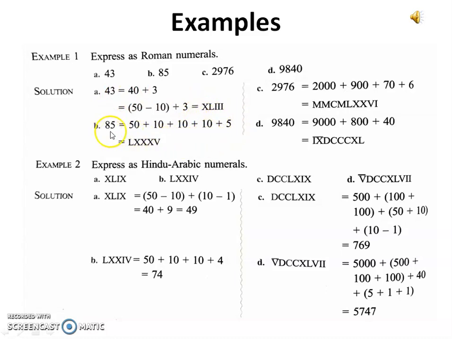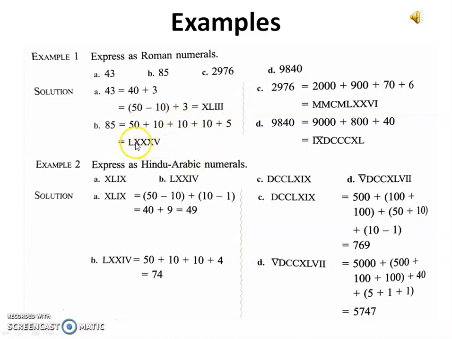Now number 85. What will we do for expressing 85? We will expand it first of all. So we can write 50 plus 10 plus 10 plus 10 plus 5.